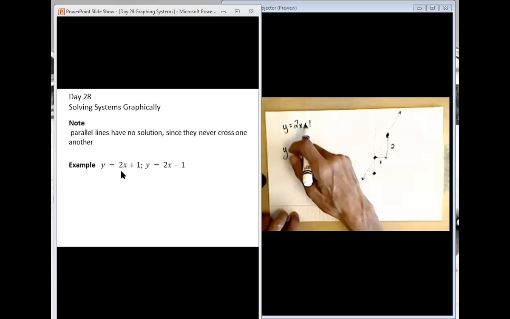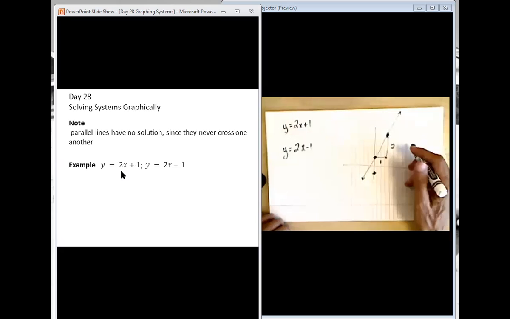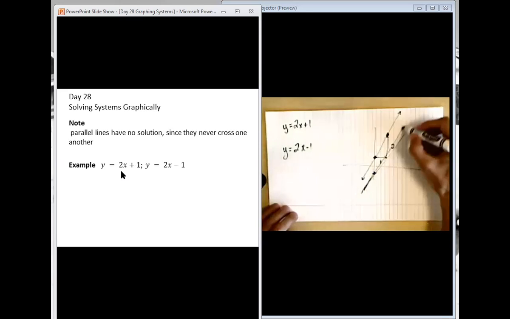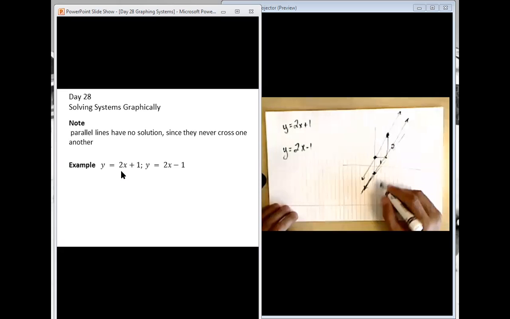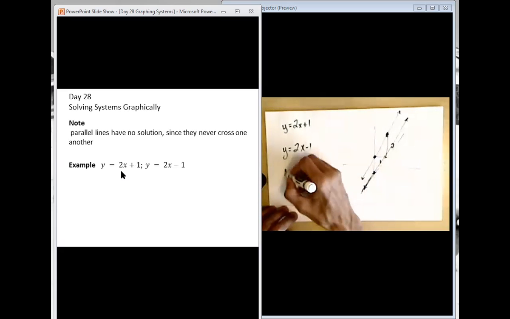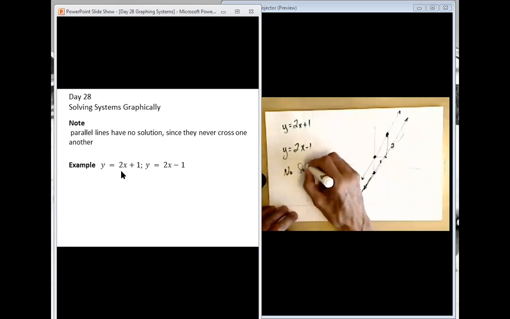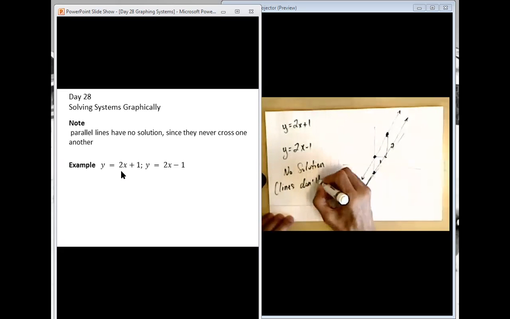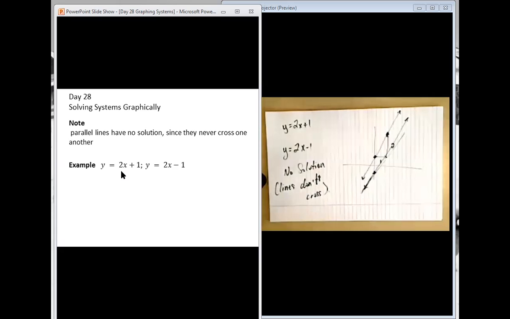But it's the same direction, right? So it'll have the same slope. It'll go parallel to it. So when the slopes are parallel, there's no intersection. There's no solution. The lines don't cross. So special situation to watch for.